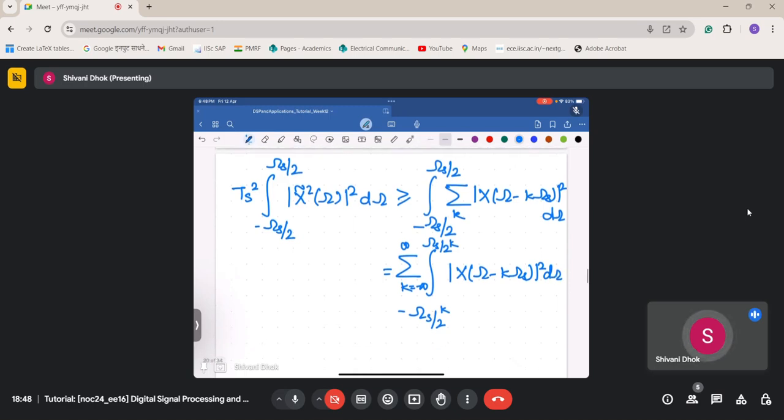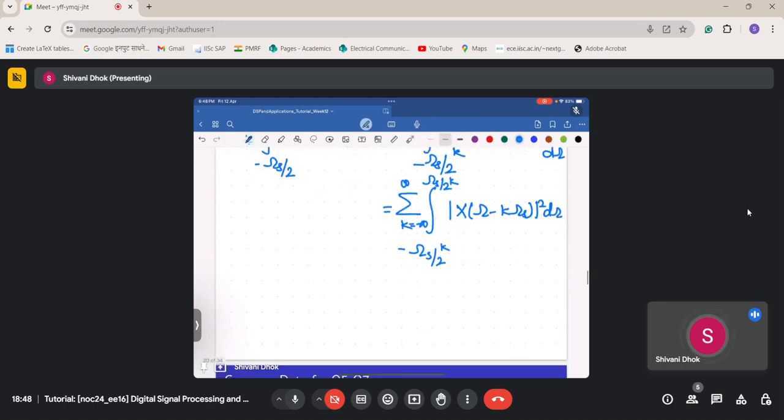Since I am integrating all of these things over some range, and this k runs from minus infinity to infinity, and I'm taking all these particular shifted versions, I can simply write this as the integral from minus infinity to infinity of the magnitude of X of omega squared d omega.